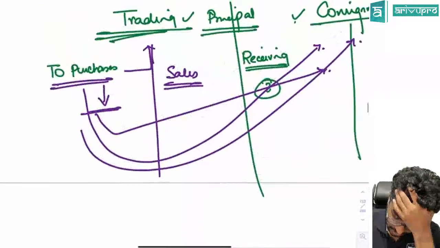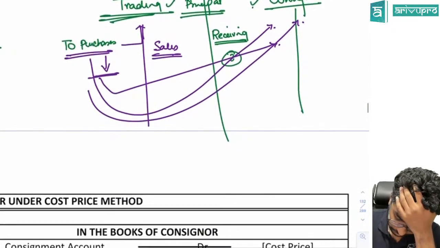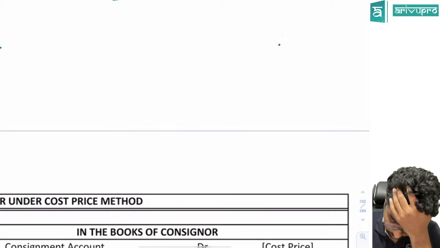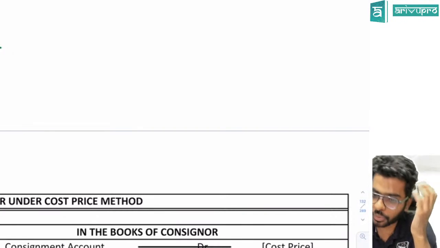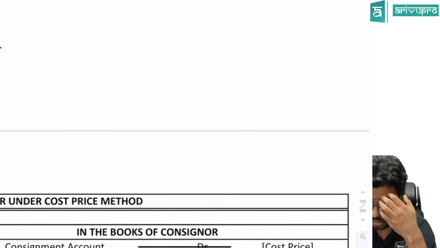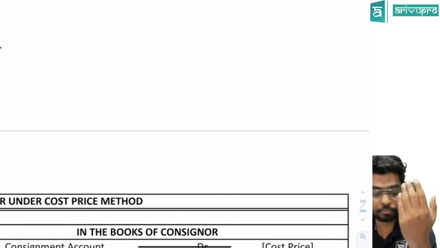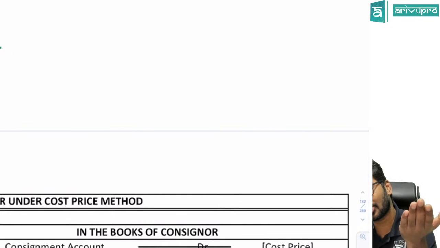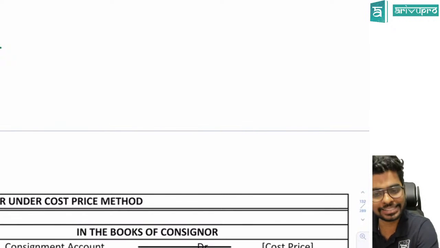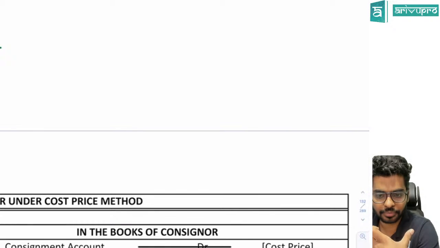Now the journal entry. What do we write whenever, from my purchases, the goods are going to go down and be sent to the consignee, that is the agent, for the purpose of making a sale?